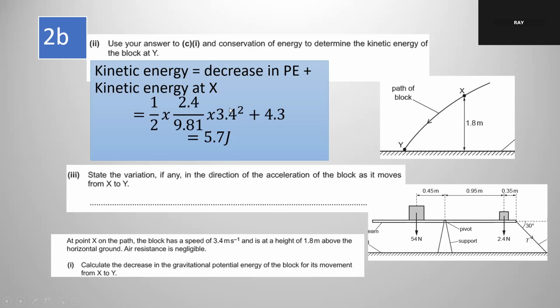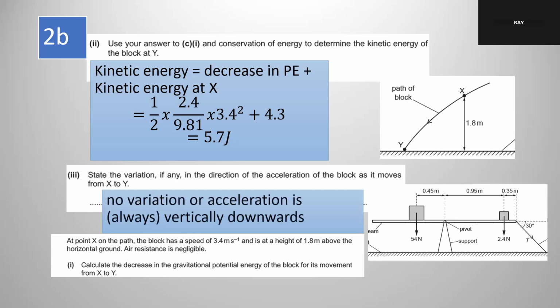That's where we have 3.4. Positive acceleration. No variation. Acceleration is in the same direction, vertically downwards. You cannot say positive or negative unless you have chosen a direction. If you have taken the direction downwards, then it's positive.